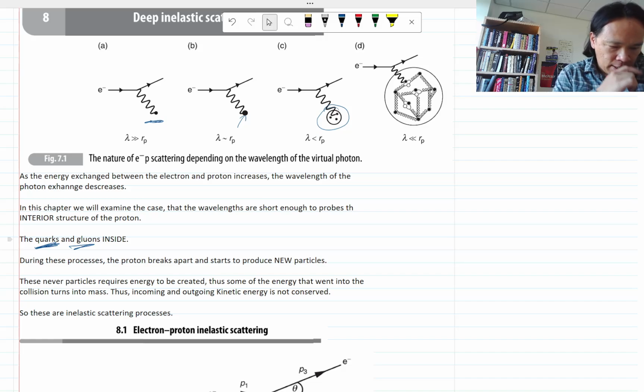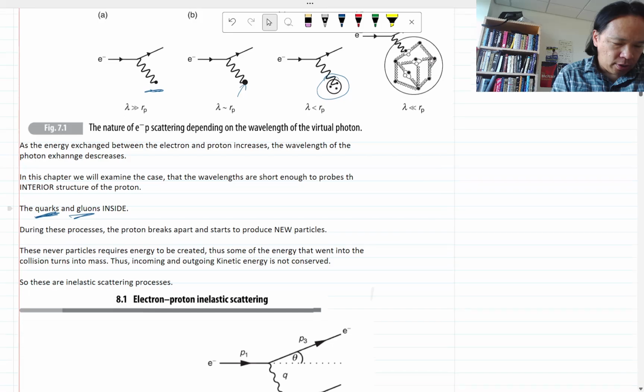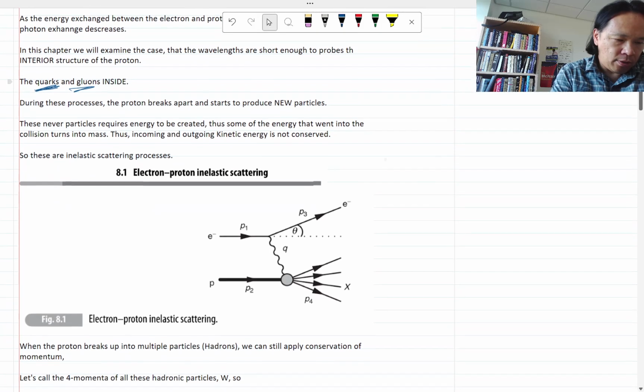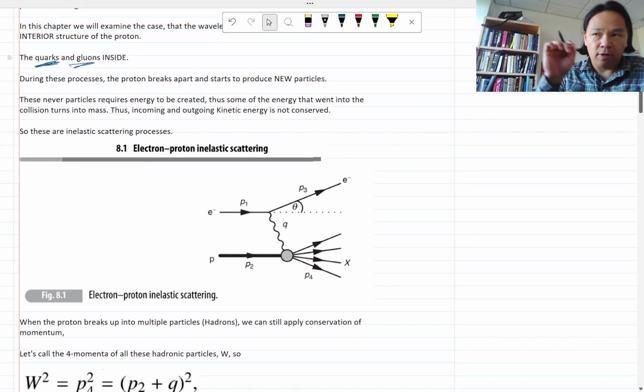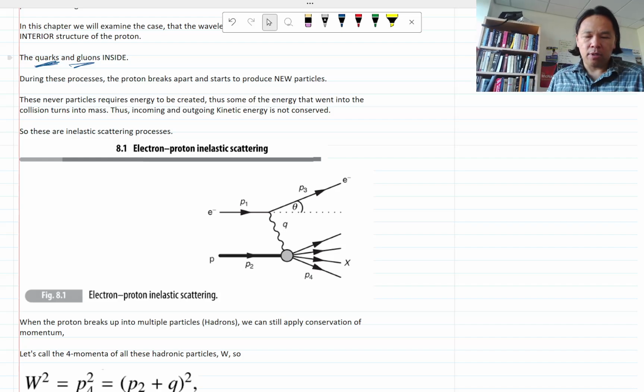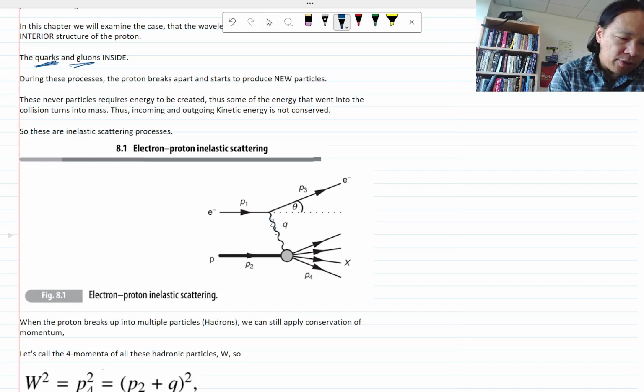One of the first things we should talk about is that as you increase the energy of the photon being exchanged between the electron and the proton, there's going to be enough energy. In this little kinematic diagram, you have an electron and a proton.